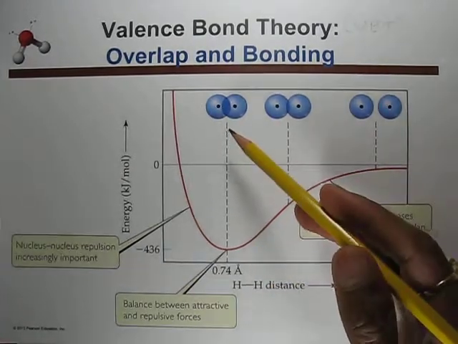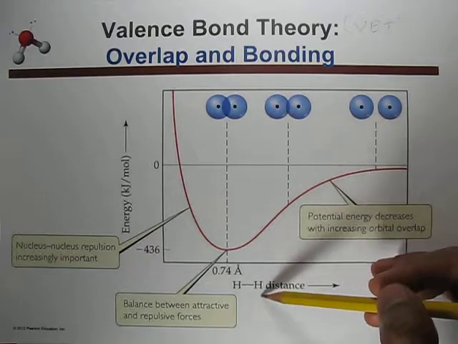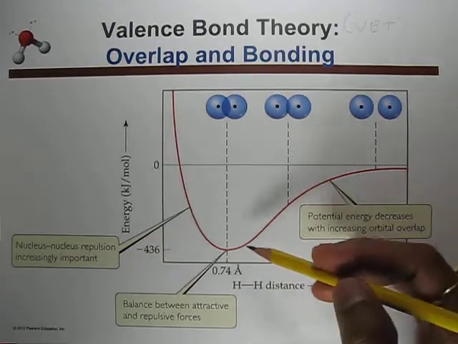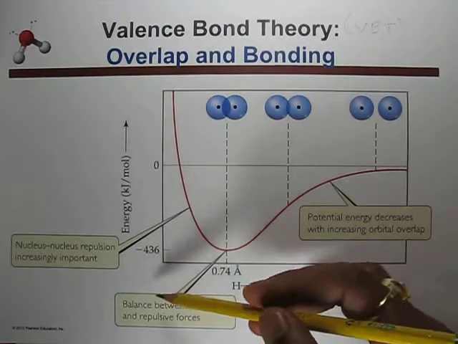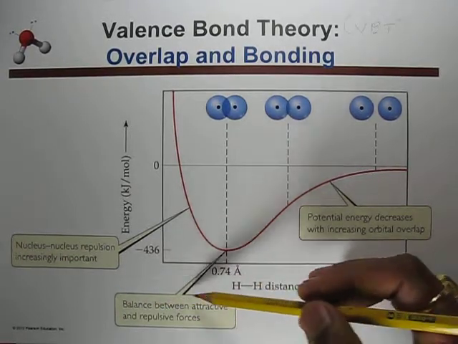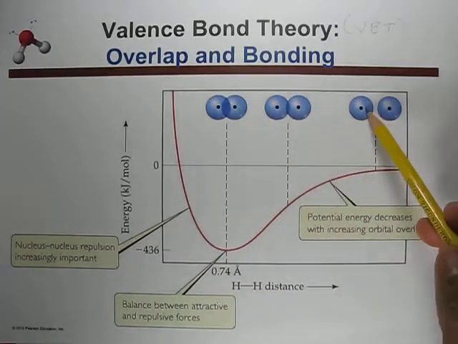Here it shows the overlap of the s orbital of one hydrogen atom with that of another hydrogen atom. This state shows a balance between the attractive and repulsive forces.